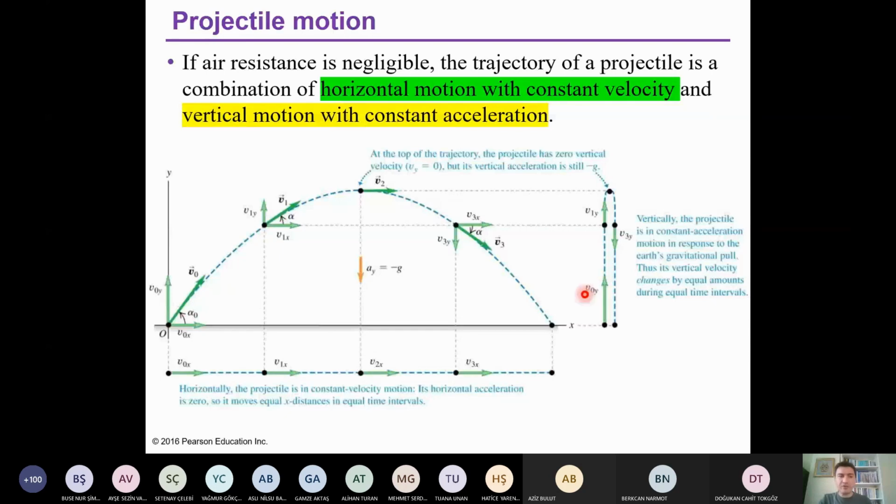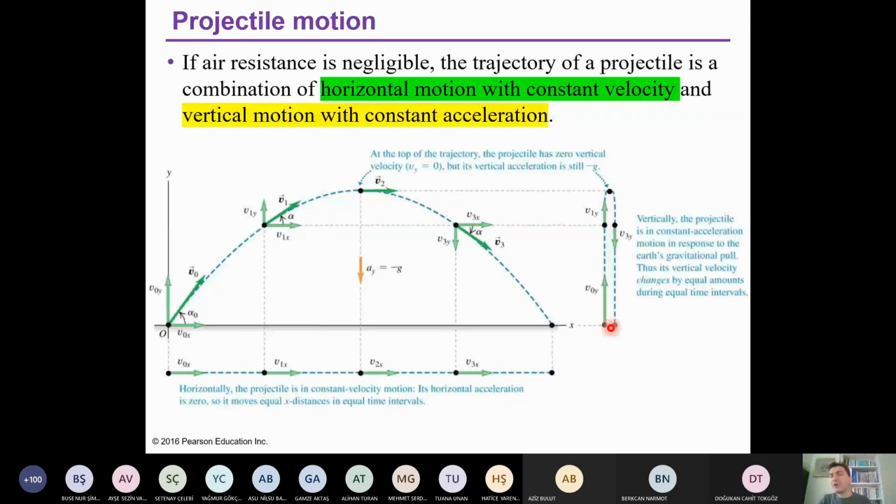So here, what do you see? The behavior of the y velocity. At the beginning, we have the y component of this v0, and it is big. And due to the negative g, the velocity decreases, and at the top of the trajectory, it becomes 0, and then it goes back and the velocity increases, okay?